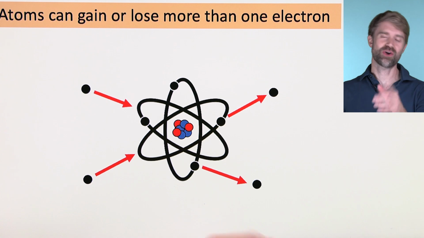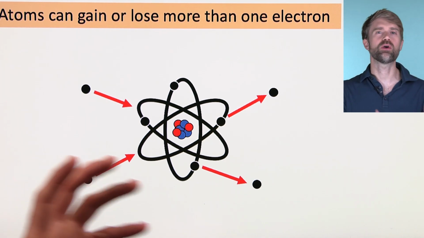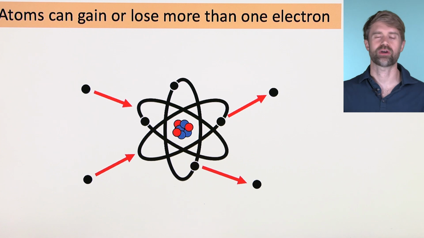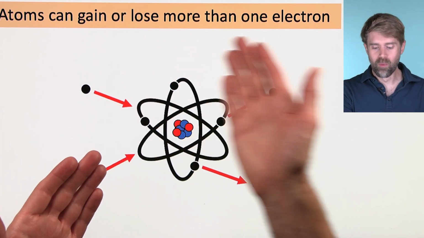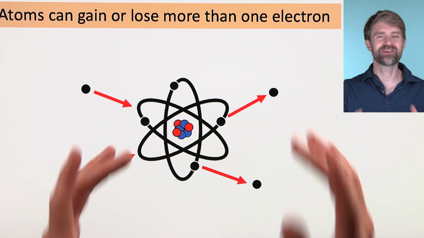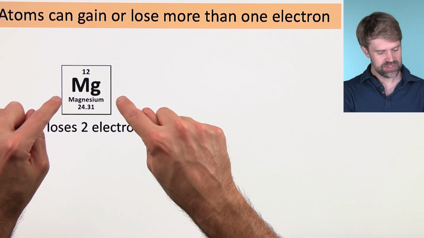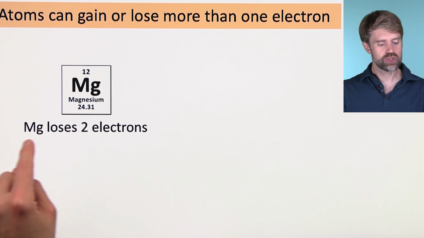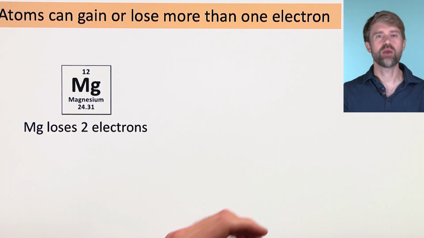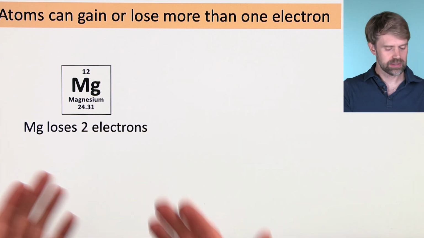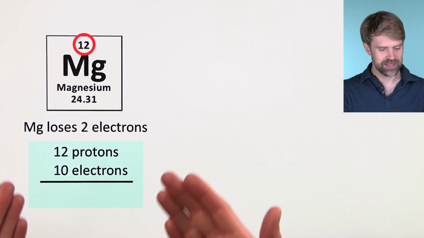Okay, so far we've only seen examples of atoms gaining or losing a single electron. But atoms can gain or lose more than 1 electron. So let's look at some examples of that. For instance, magnesium likes to lose 2 electrons. So what would its charge be, and what would its balance of protons and electrons be in this situation? Well, we'll do some basic atomic accounting.